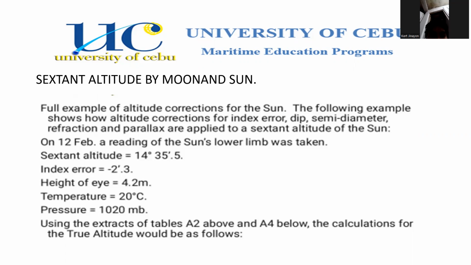Index error is negative 2.3 minutes, and height of eye is 4.2 meters. Temperature during the time is 20 degrees Celsius. Pressure is 1002 MB. Using the extracts of tables A2 above and A4 below, the calculations for the true altitude would be as follows. Next slide, please.